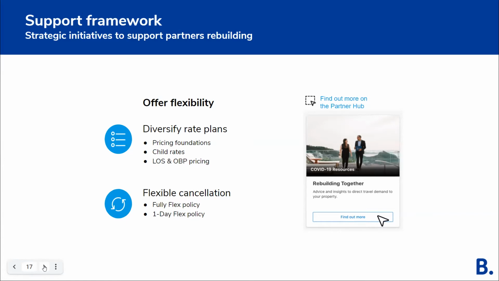And at the moment, we're seeing roughly around three-quarters of bookings coming through on a free cancellation policy. So it's really important to have a flexible policy and to ensure that it's flexible enough to be competitive.